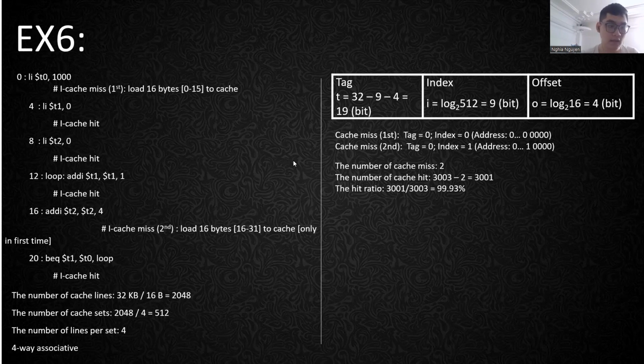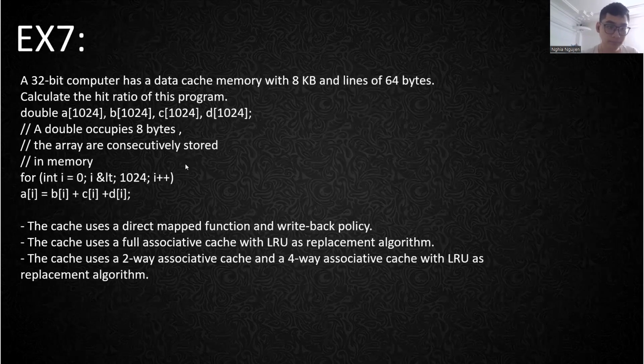That is it for exercise 7. A 32-bit computer has a data cache memory with a line size of 64 bytes. Calculate the hit ratio of this program.